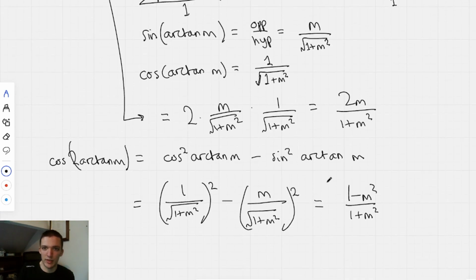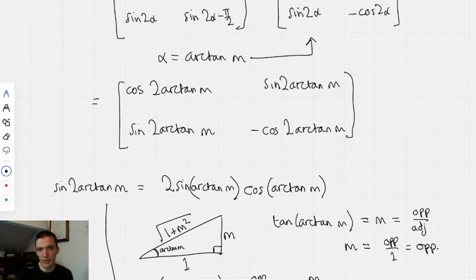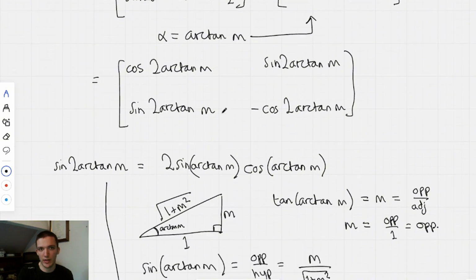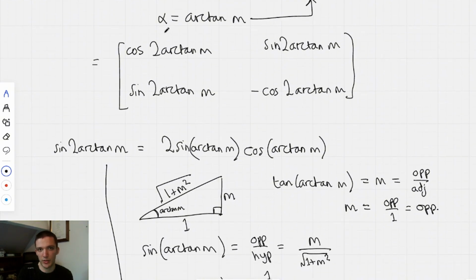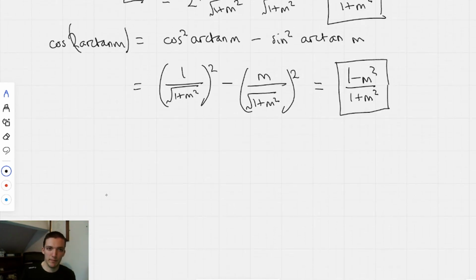Now, using these, what I'm going to do is go back to our matrix and write it again. As a reminder, this is what our matrix looks like. So cosine 2 alpha, negative cosine 2 alpha in the top left and bottom right respectively. Now that's going to become this guy.